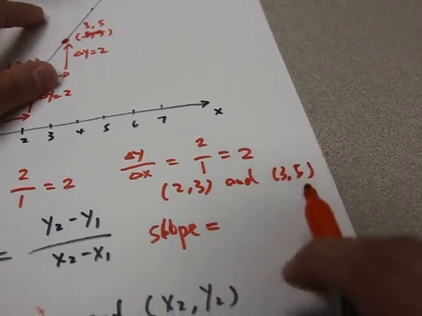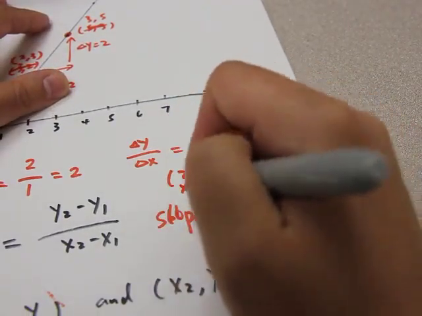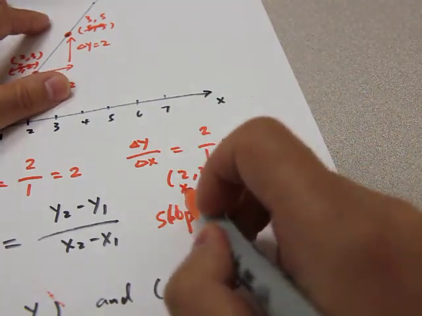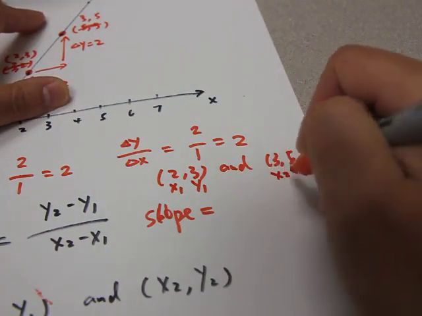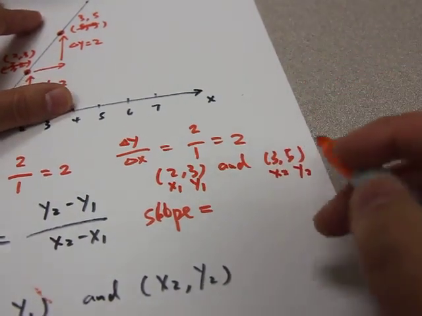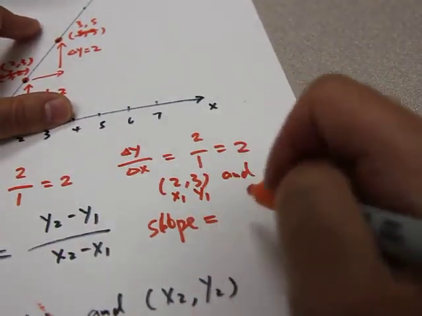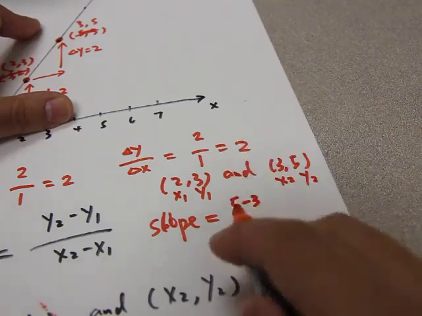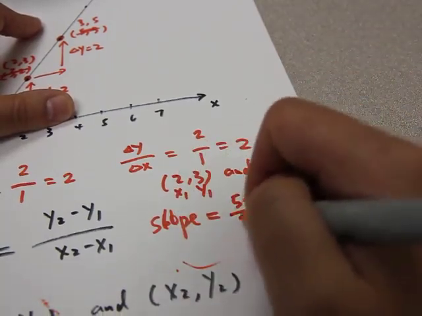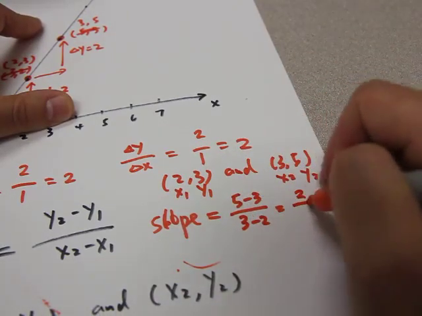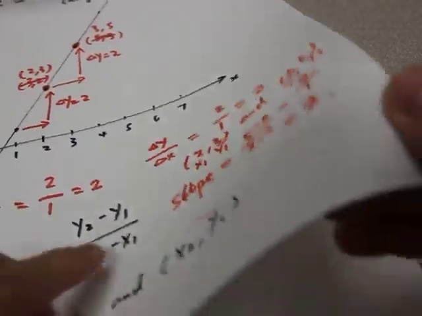So it doesn't matter. Say here I let this be the first point, so this is x1, y1, and this is x2, y2. If I compute y2 minus y1, this is 5 minus 3, over x2 minus x1, which is 3 minus 2. So the slope is 2.